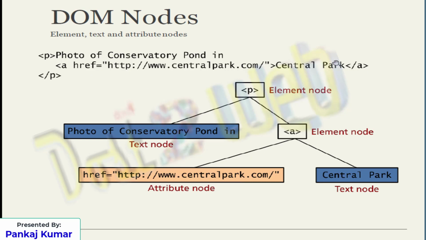And again you are using a text, the sentence in the central part. That central part is a text node. This is the difference between these three types of nodes: element, text, and attribute.